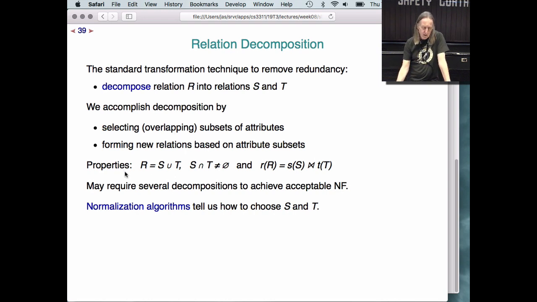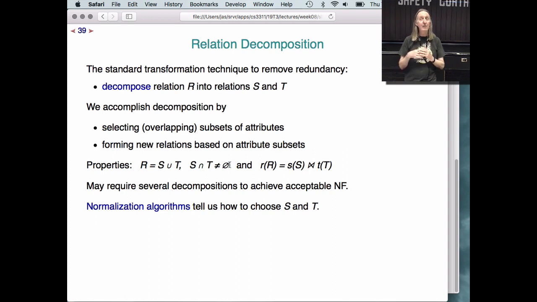So the properties of decomposition are that the set of attributes has to cover the entire set of attributes from the original table, so we can't throw attributes away altogether. But of course we can have attributes appearing in both tables, and that's all right, as long as we cover the entire set of attributes from the original table.